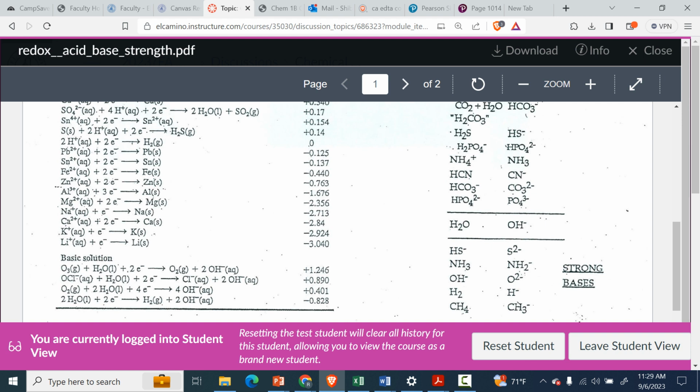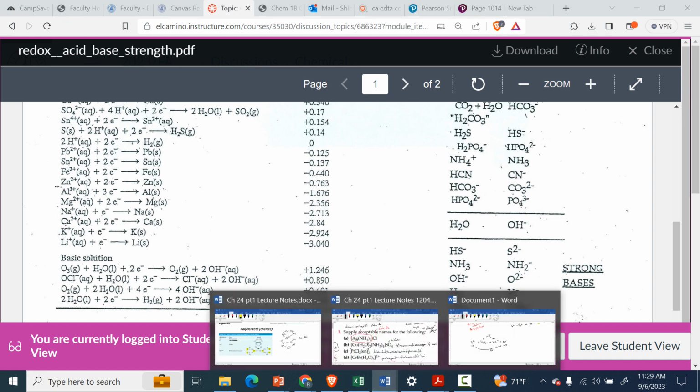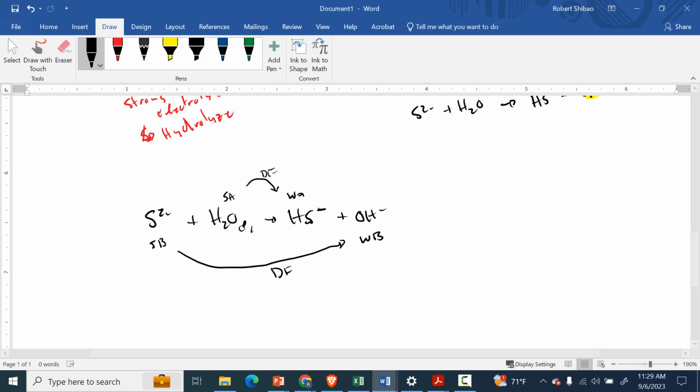Downhill is actually up on the right side and down on the left side. That's what we want. Also for water versus HS minus, that's also downhill. So we're going from stronger acid, water, to weaker acid, HS minus, downhill. And so those are the driving forces. So this is the first reaction that we see. It's going to be between sulfide and water.